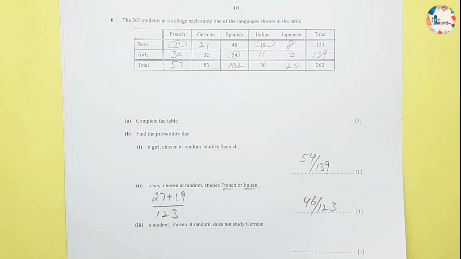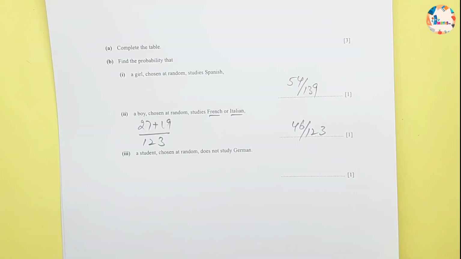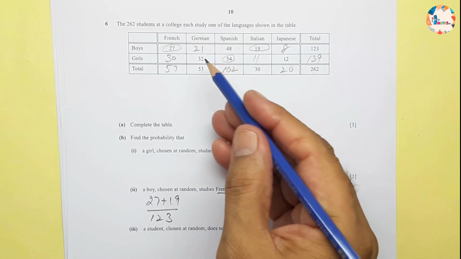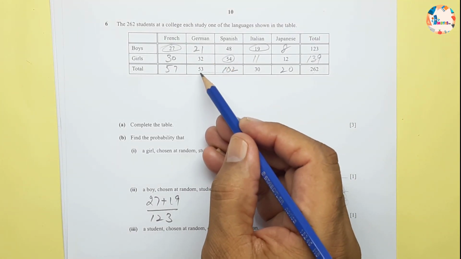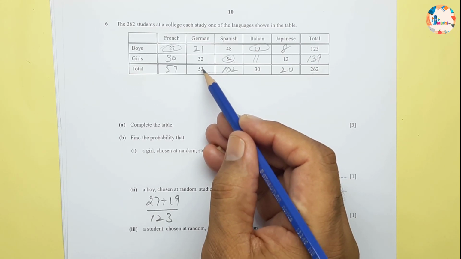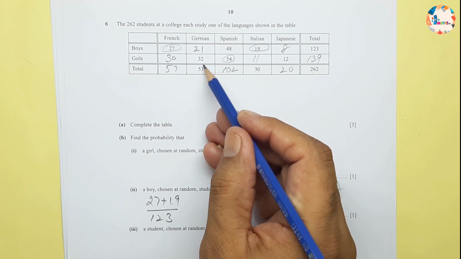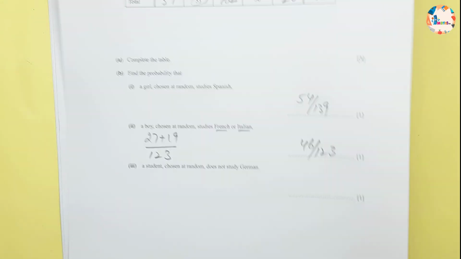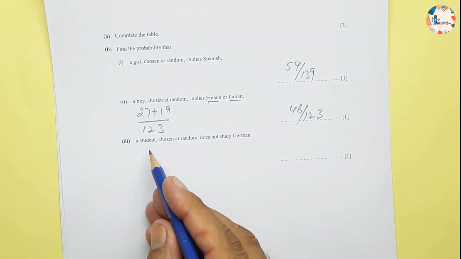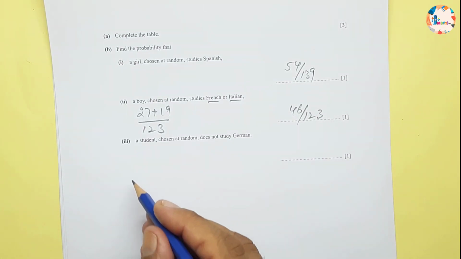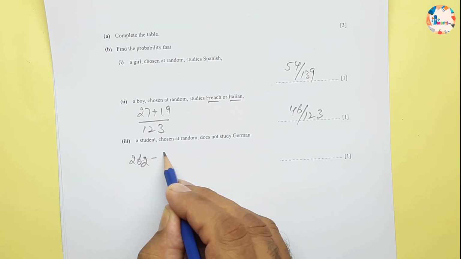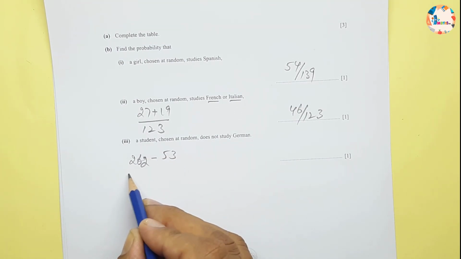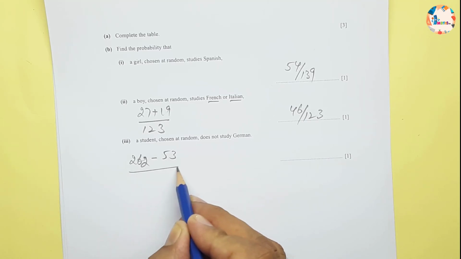Then a student chosen at random does not study German. 53 students are studying German, so we can subtract: 262, the total students, minus 53, and divided by 262.